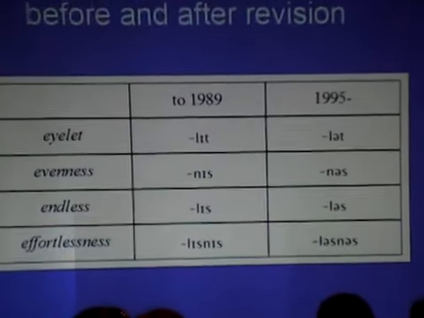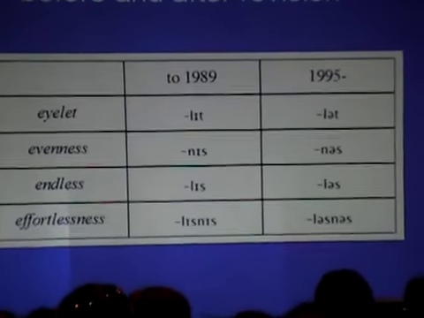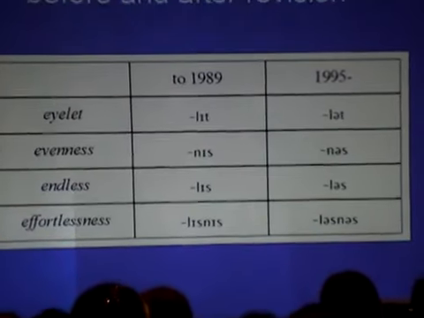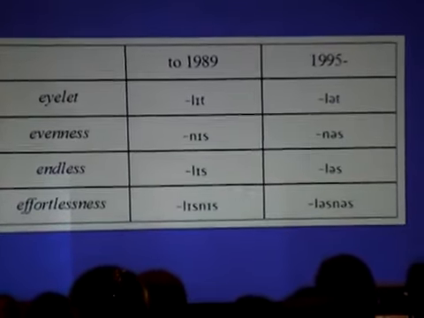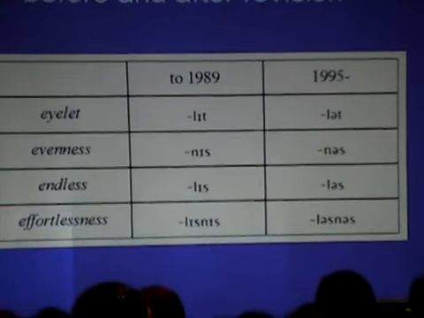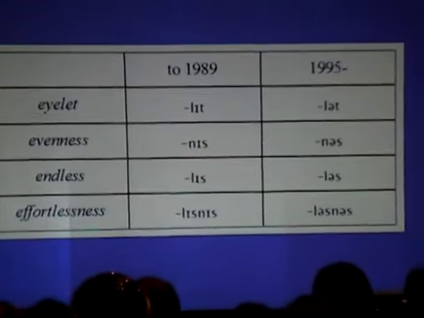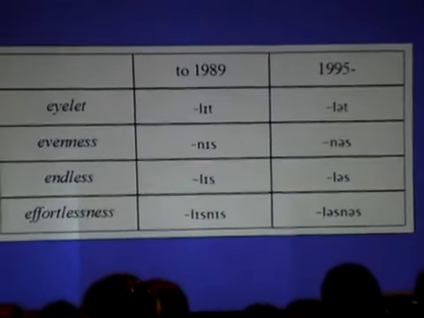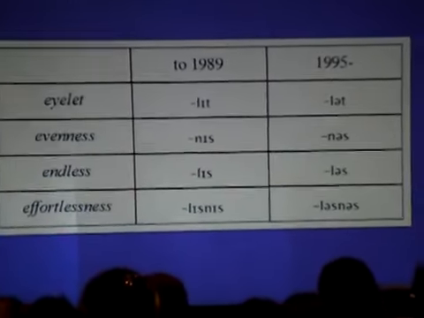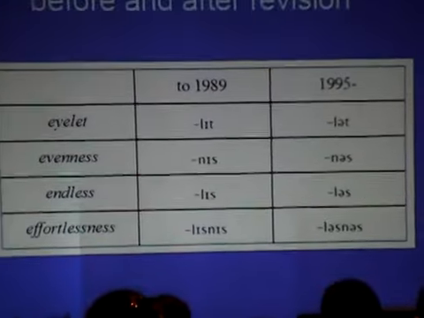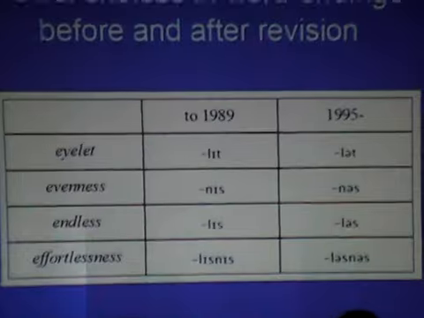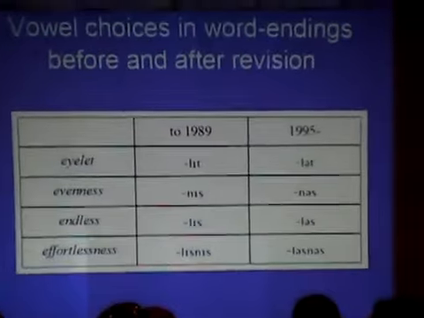So until '89, it was showing pronunciations like eyelet, where I would have eyelet, and even things like effortlessness were apparently implied by the transcription, when obviously for me it would be effortlessness, and I guess for all younger speakers. These changes, of course, represent choices from among symbols which were already available. But for other weak syllables, new symbols were required.